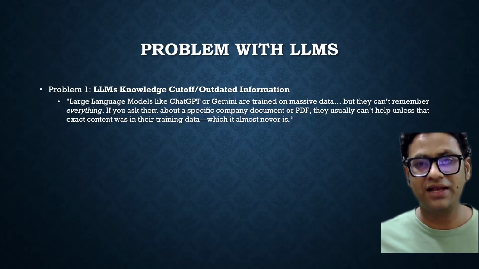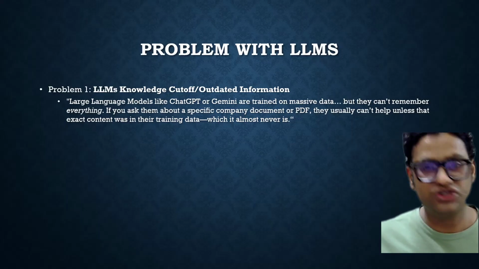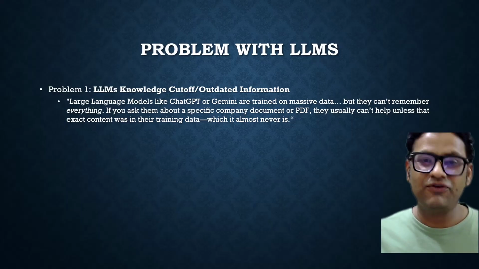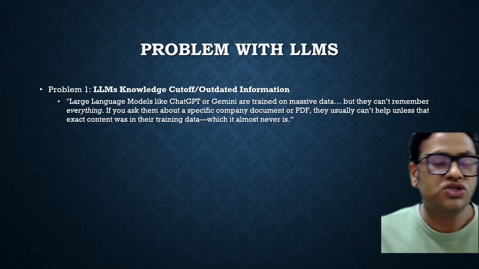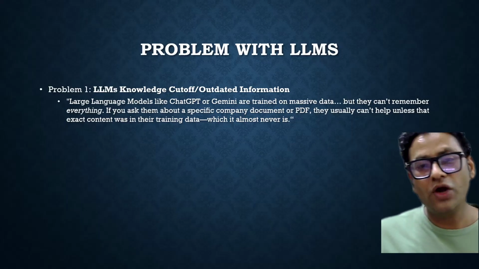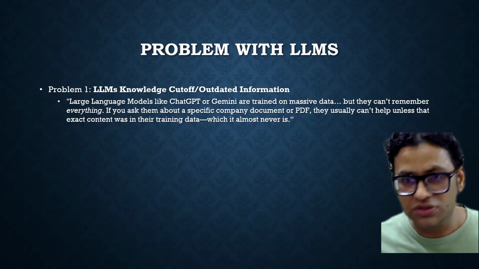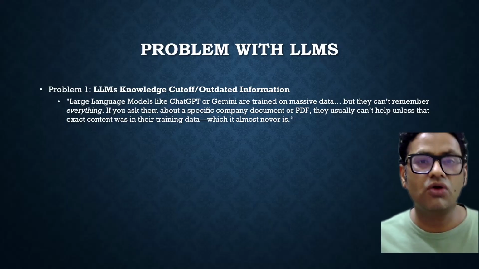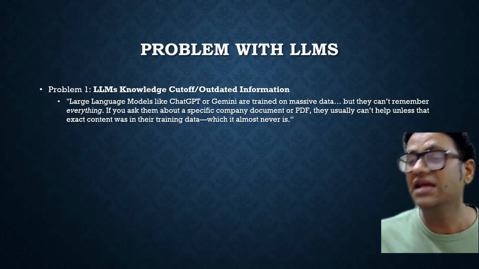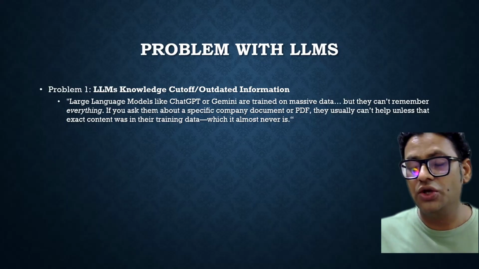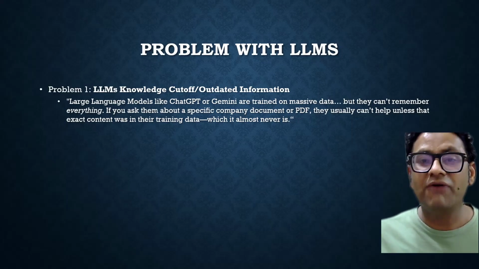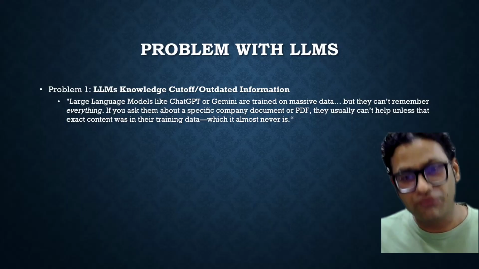For example, if ChatGPT or Gemini say they used data to train their model until, let's say, 31st March 2025, then whatever happens afterwards is not there for these LLMs to be trained on. So LLMs don't know about concepts which are new or which were introduced after 31st March 2025.